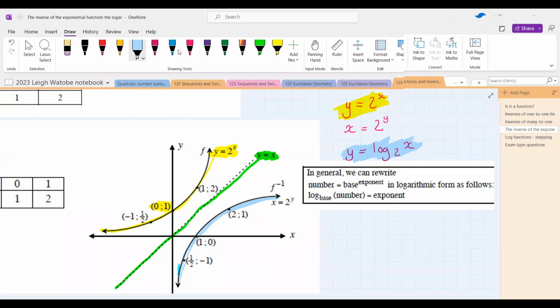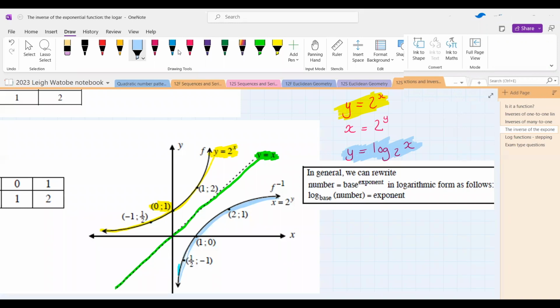It's only an inverse function if the function is reflected over the line y equals x. If you reflect a function over the x-axis or the y-axis, it's not an inverse function. It's only an inverse function when you reflect over the line y equals x, which is the same as interchanging x with y.